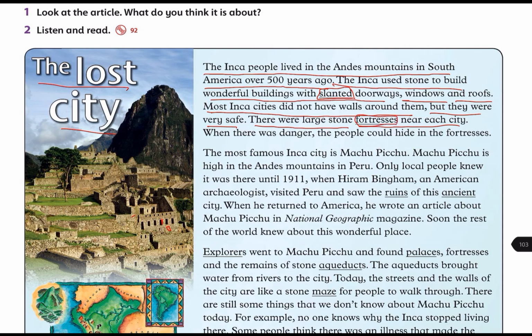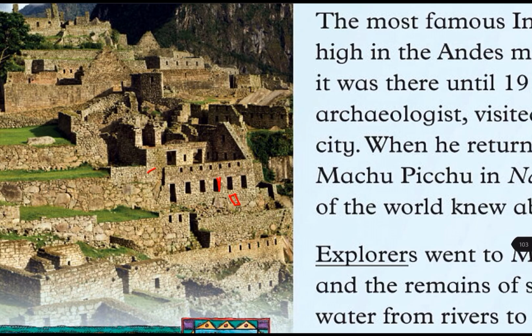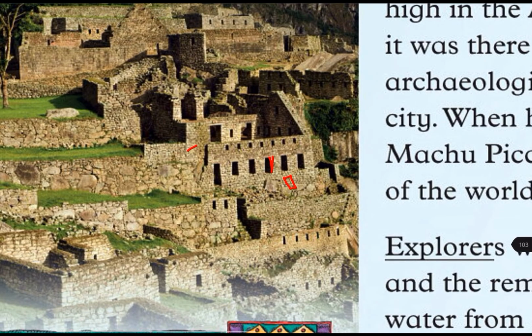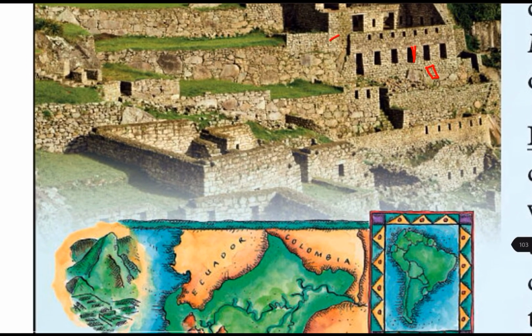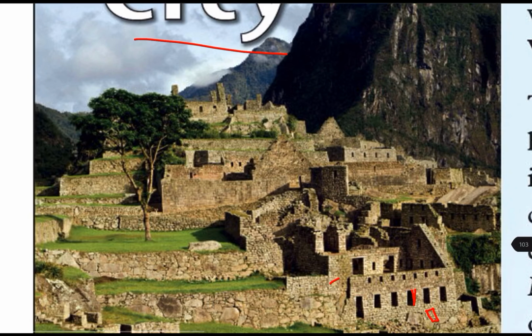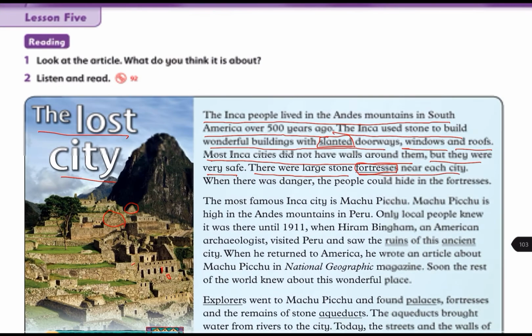Fortresses means a building which has very strong walls that's difficult to attack. Let me find a fortress in this picture. Here we can say it's a fortress. It's a building made from stones. It's hard to attack. Also, we can say it is a fortress.